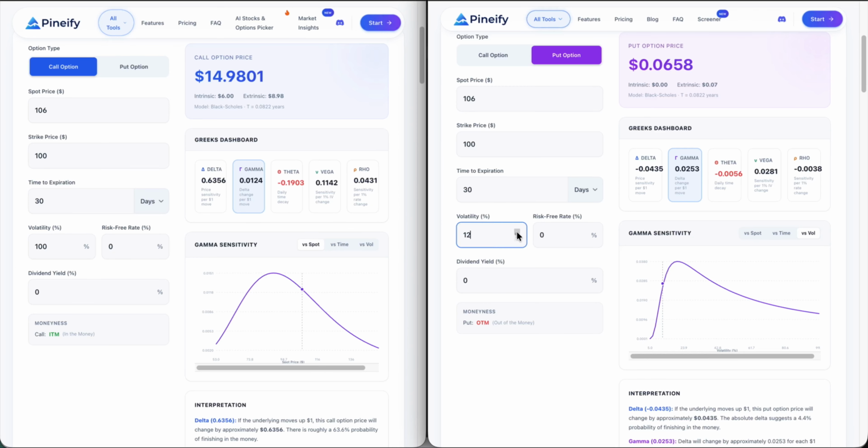And to explain why this is happening, I'm going to use this graph here on the left-hand side of the screen.